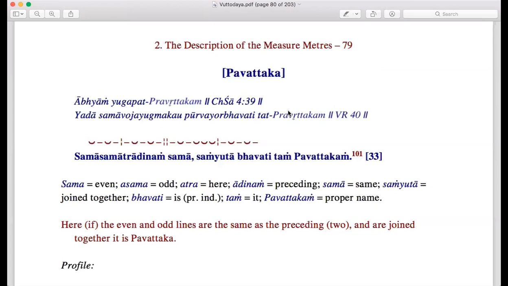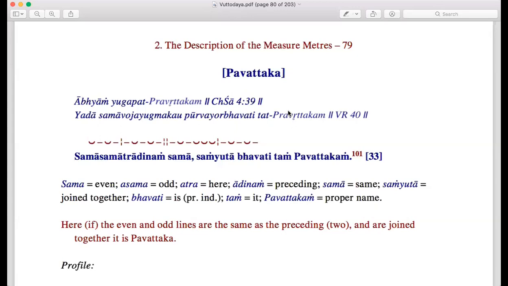To mention it clearly, the samapada and the visamapada of the previous verses are sama, same, and saṁyutta, joined together here, like here in the Pavattaka verse.